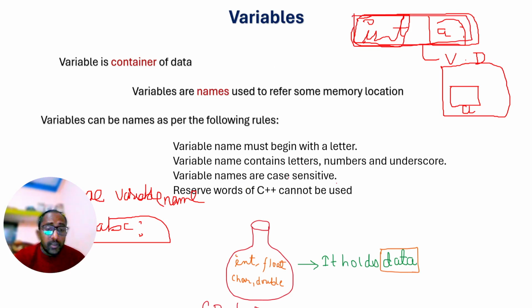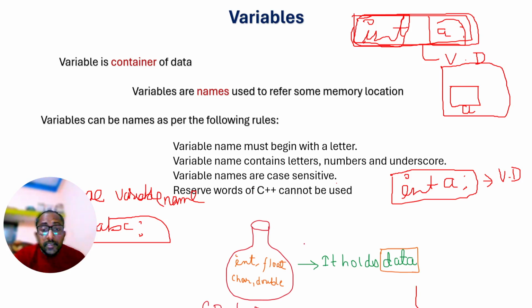If we declare a variable, int a, it is the variable declaration. Variable initialization means the variable contains a value. Suppose I have created here this memory, and the name of the memory is a.